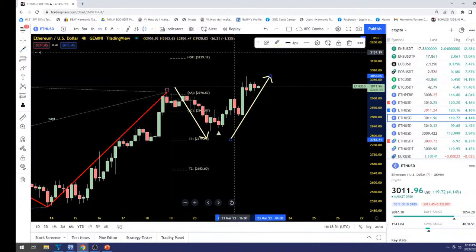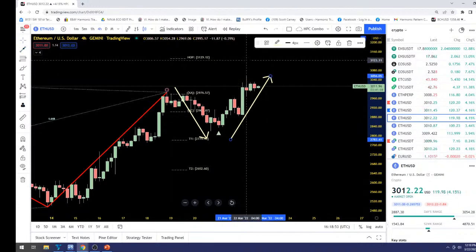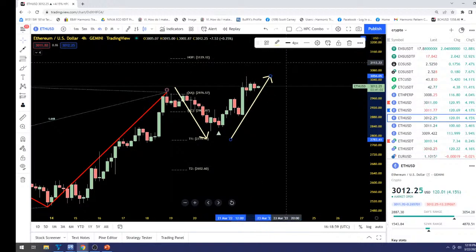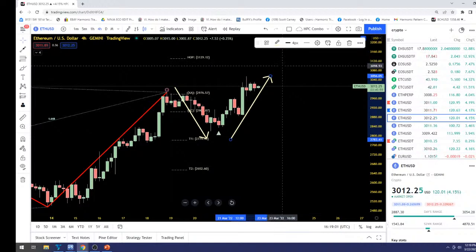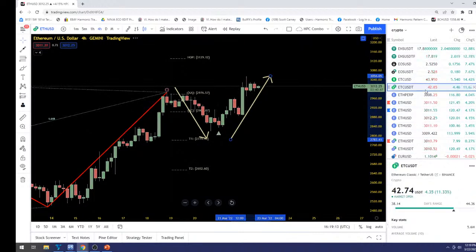I think 31.30 is probably a max resistance number for this move. You're trading at 3,000 right now, and you still need HSI. So until you hit that or register HSI, this is going to grind up, continue higher. You're in a fairly nice spot. It's more about time than anything else.